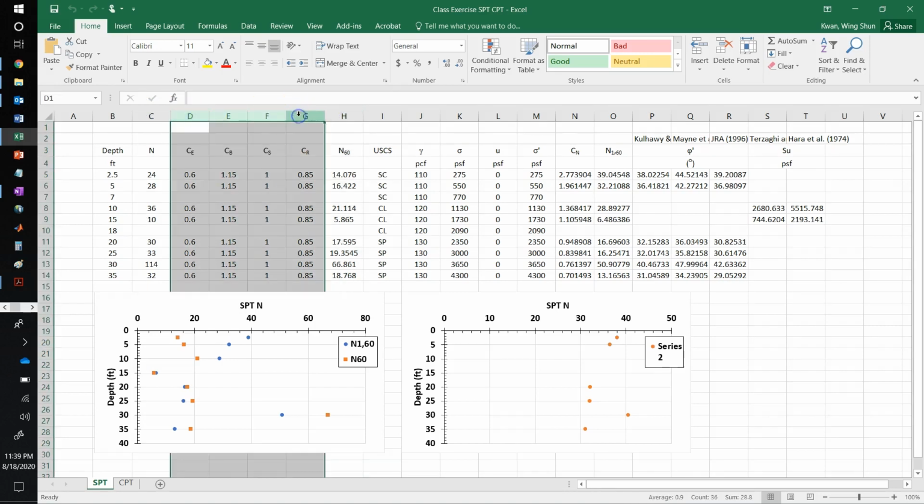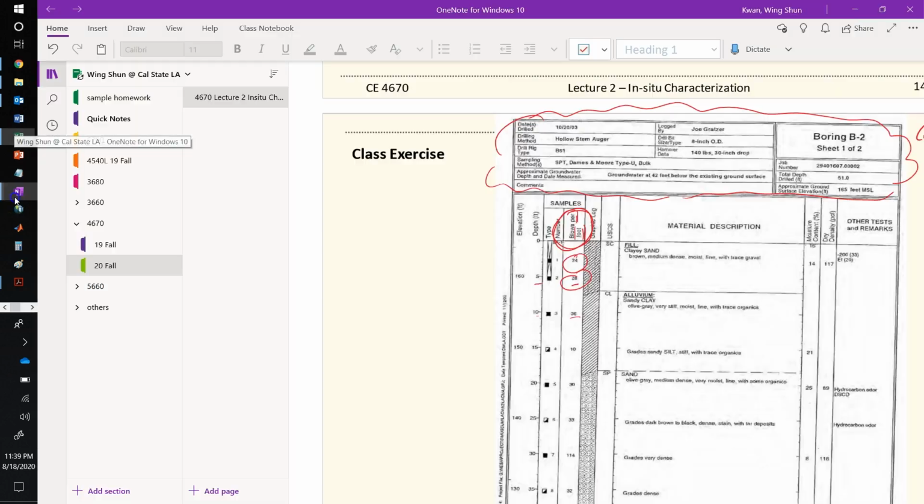by those factors. The factors right there are from the hints in this chart. For example, it tells you the hammer is 140 pounds with a 30-inch drop. So this tells me pretty much a donut type of hammer.